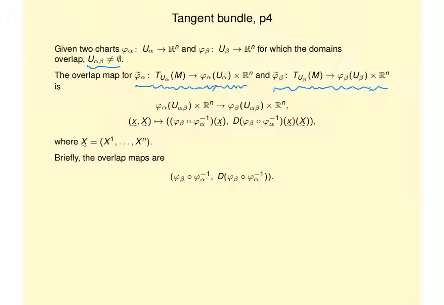Okay, and I want to calculate the overlap map for that. Now this is something that's best checked by yourself, but there are two components after all. There's the open set phi alpha of U alpha beta going across to phi beta of U alpha beta, and of course that is simply the overlap map on the manifold.